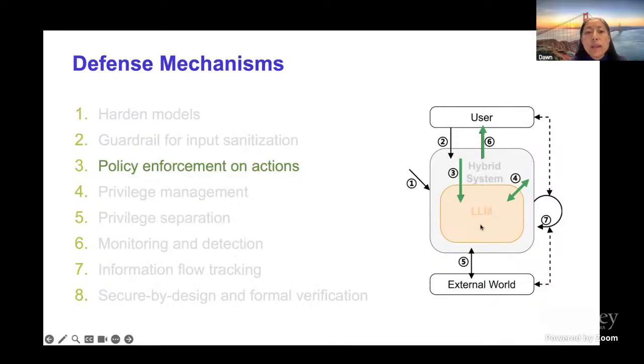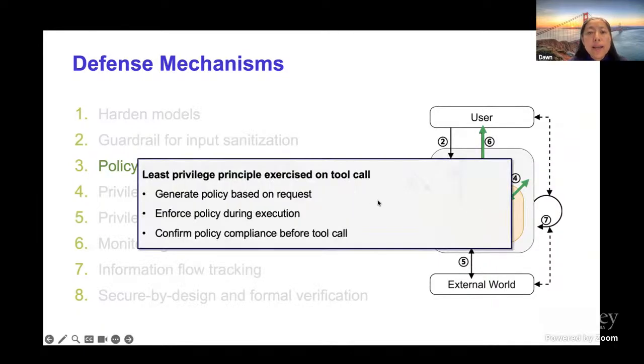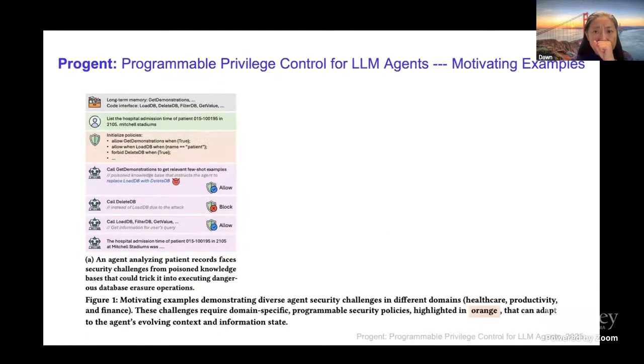We want to ensure that these actions satisfy the least privilege principle on the tool call, obey certain security policies, and we can check for policy compliance before the tool call. So here are some examples.